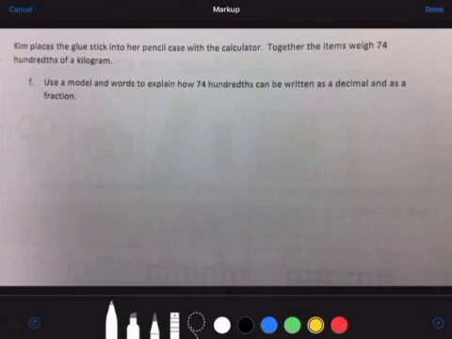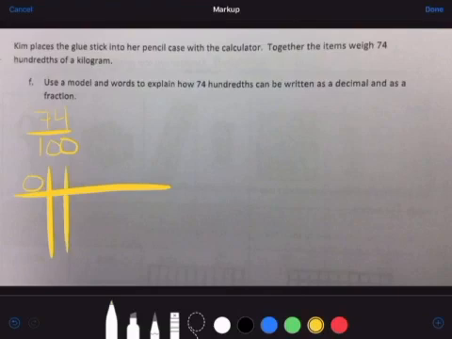So if we have 74 hundredths, we can write that as a decimal or a fraction, right? Because 74 hundredths would be 74 over 100. That's our fraction. Or we could put it into a place value chart with our decimal, and this would be tenths, and this would be hundredths.